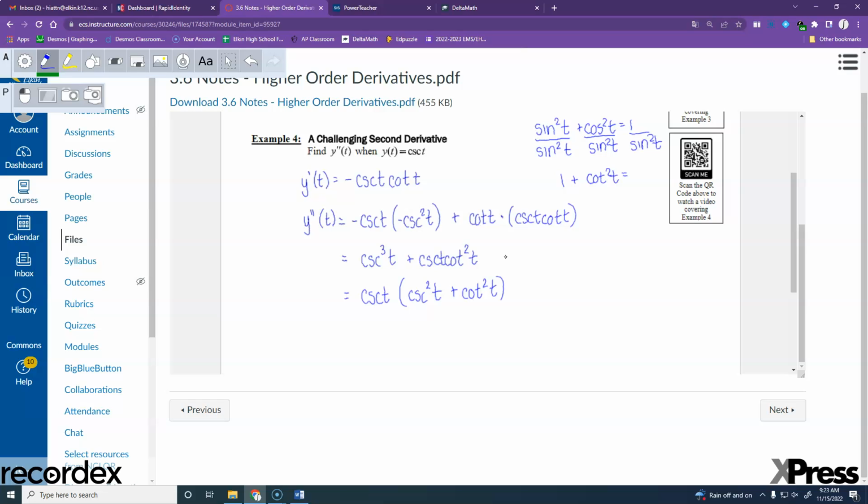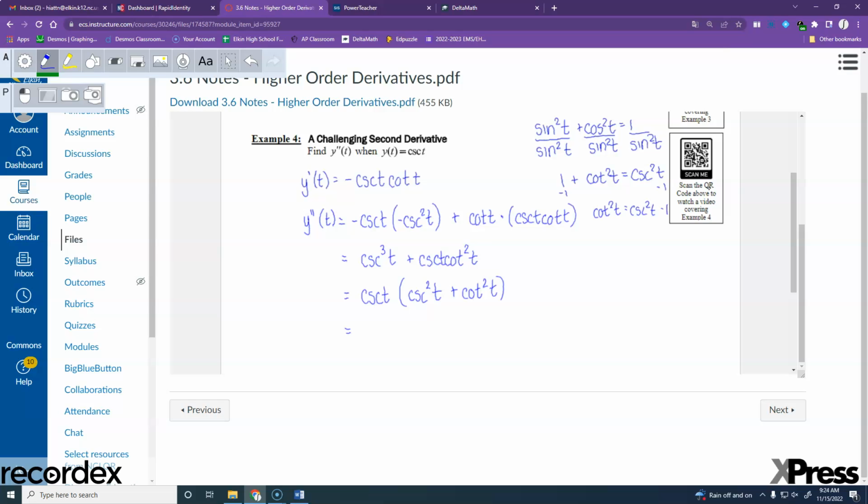And this is going to be cosecant squared. So, if I want to switch this all to cosecants or all to cotangents, because I factored out that cosecant, it'd probably be better to switch everything to cosecants. So, if I subtracted 1, cotangent squared t equals cosecant squared t minus 1.